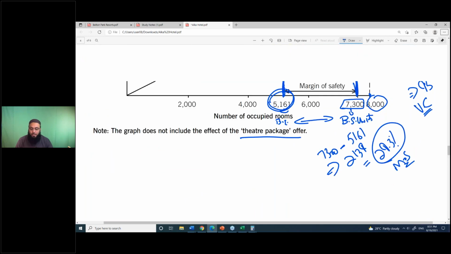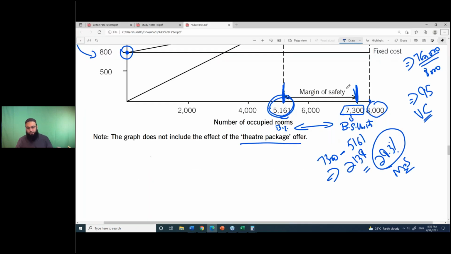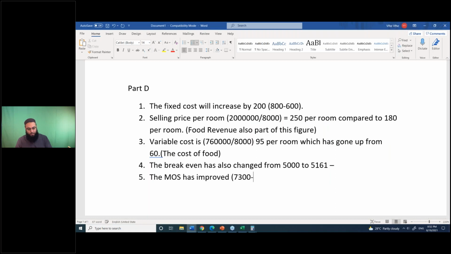So having said all these things, you must keep in your mind that I'll write here the MOS has improved, and I've done the calculations. I can just copy paste it. 7,300 minus 5,161 divided by 7,300.